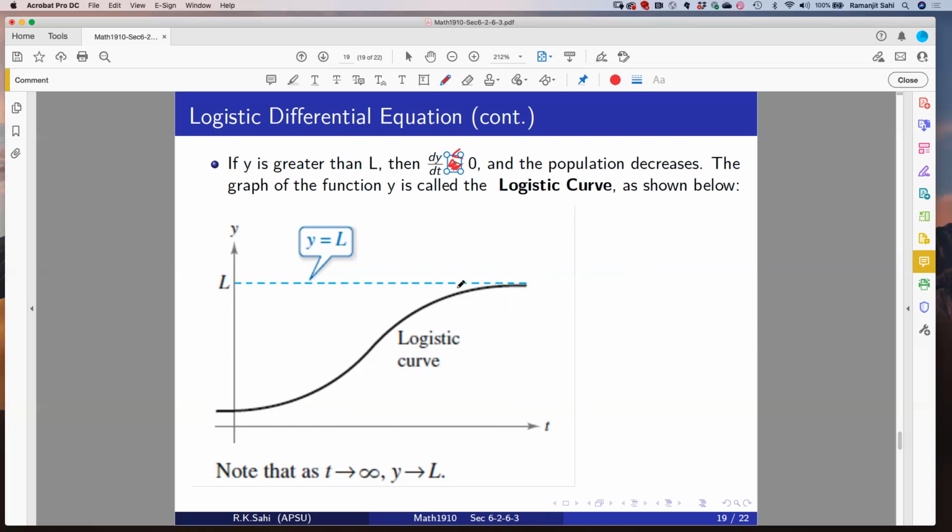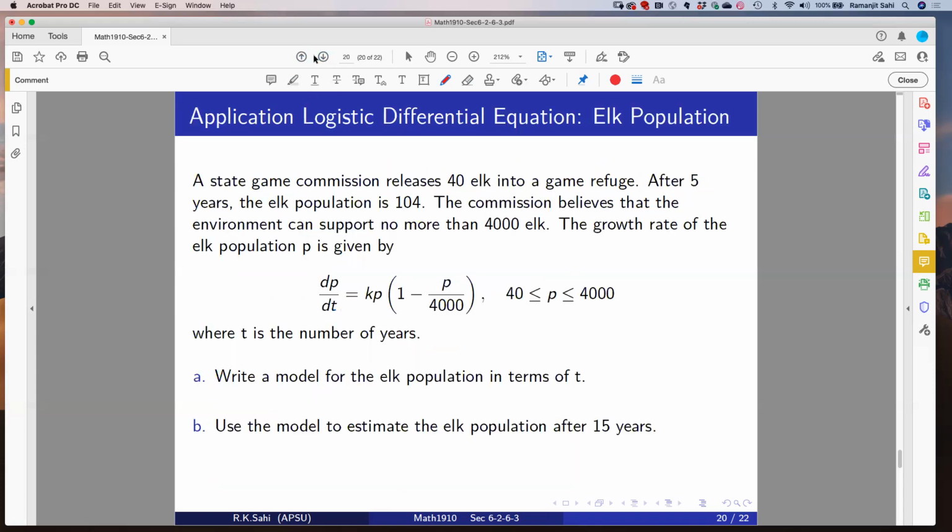So this carrying capacity at Y equals L is a horizontal asymptote to our function here, okay? So when T approaches infinity, Y is approaching L. Just to remind you, we have done all these things and they're now being put more from a real life perspective.